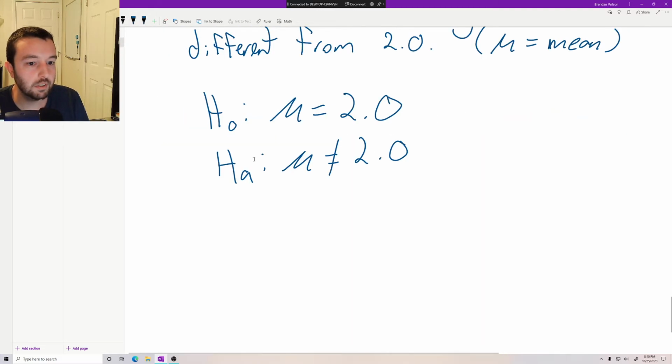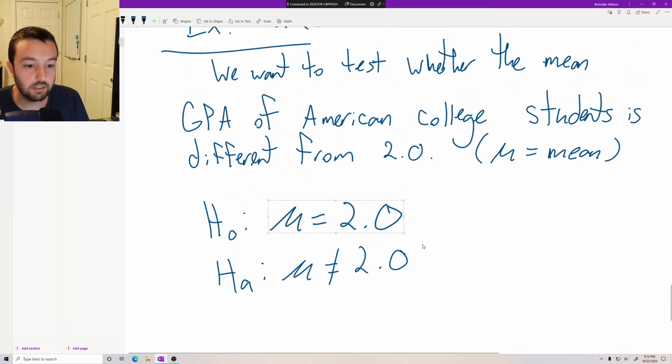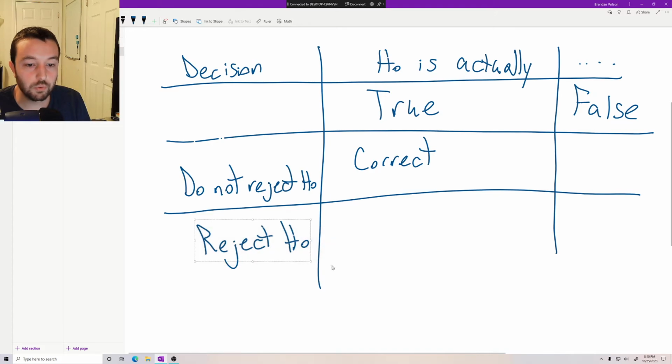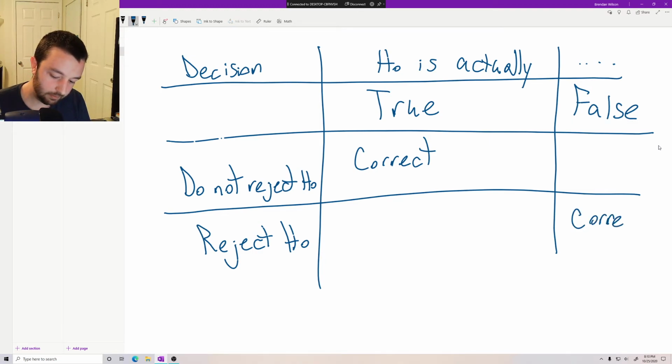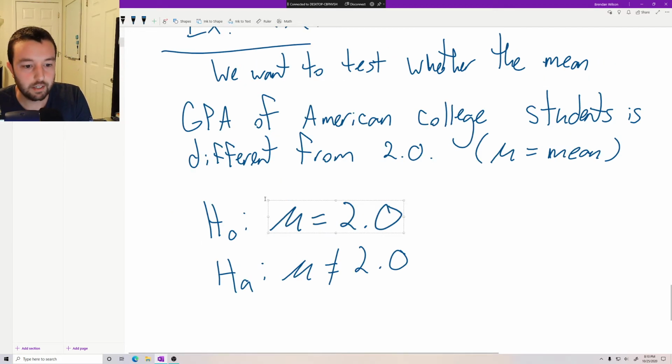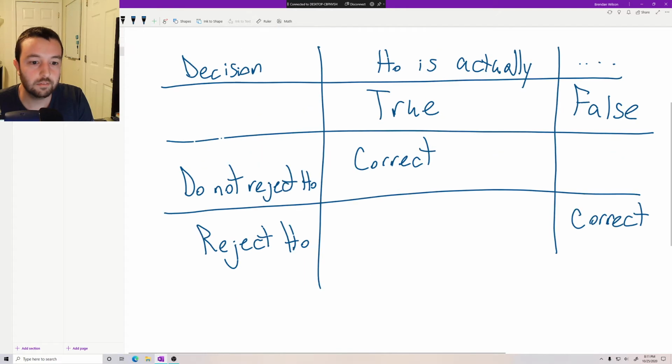So going back to 9.1, if the mean was actually 2.0 and we did our test and we said we're not going to reject H naught, then we made the right call. And then the flip side to that would be if we do reject H naught and it is false, then we should reject it. So that one is also correct. Okay. So again, a good thing. So here, if the mean was actually 3.0, meaning that it's false, and we decided to reject the null hypothesis, then that is a good thing. Okay.